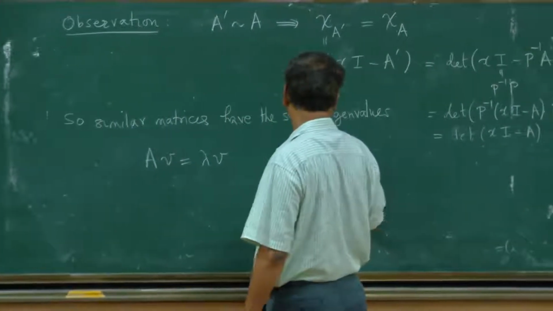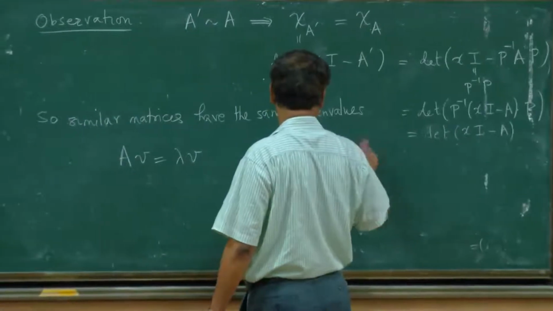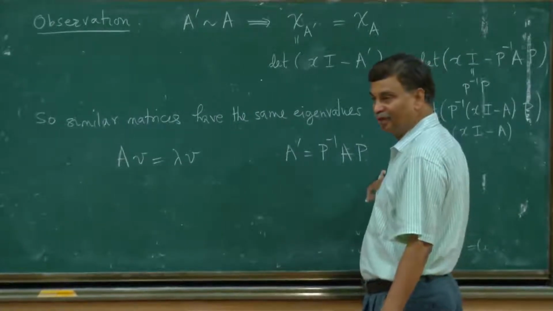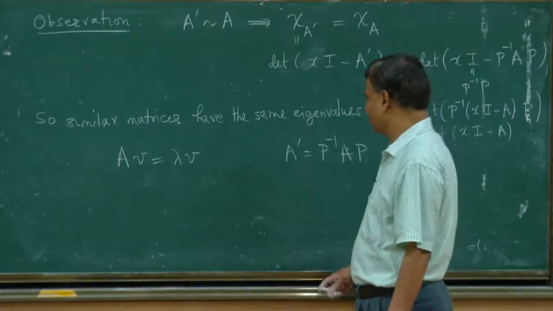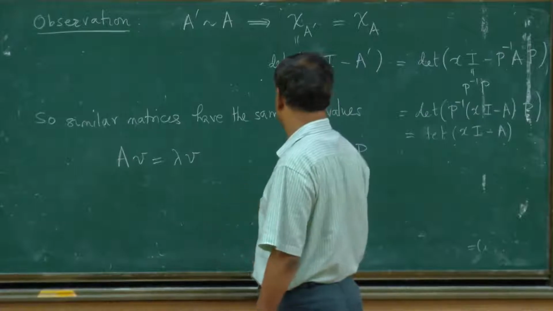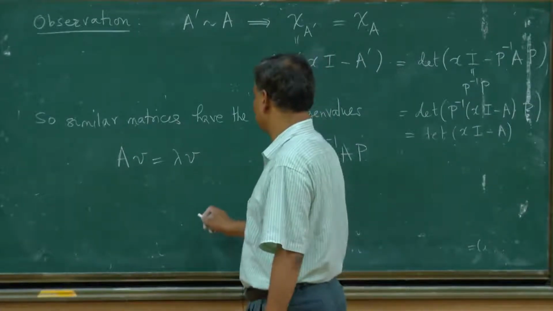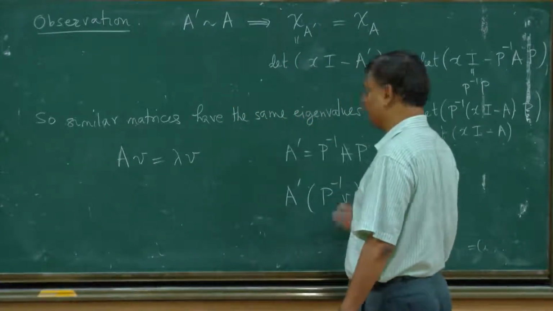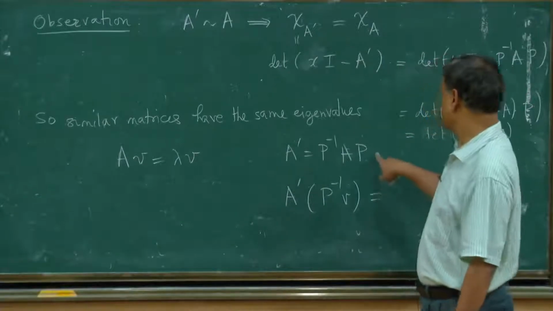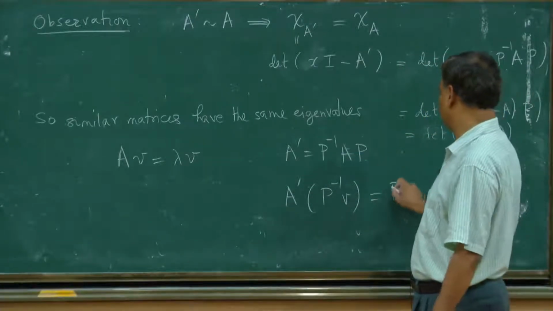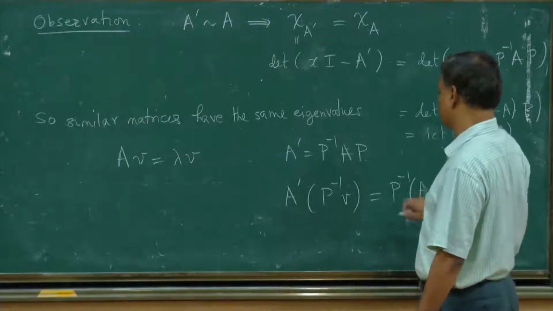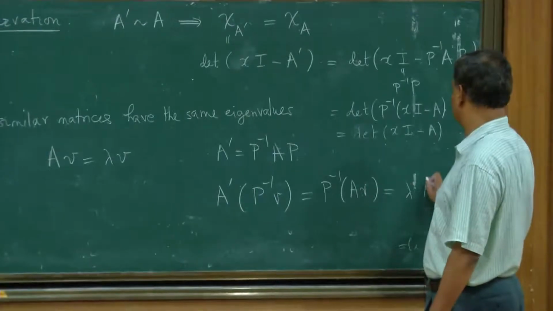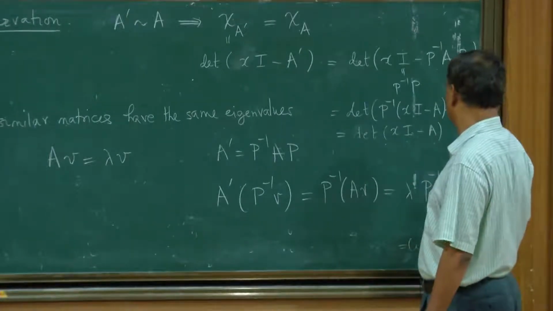Now A dash is P inverse AP. If I take A dash v, I will get P inverse APv, and I don't know what is Pv. Instead, what I can do is look at A dash acting on P inverse v. What will that be? Now I have P inverse v, so that will be P inverse AP P inverse v, because P P inverse is identity, which gives P inverse Av, and Av is lambda v, and lambda is a scalar, so this is lambda P inverse v.